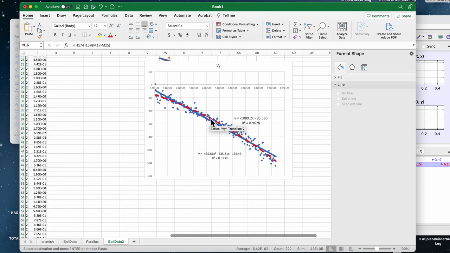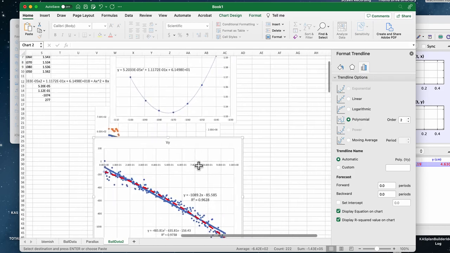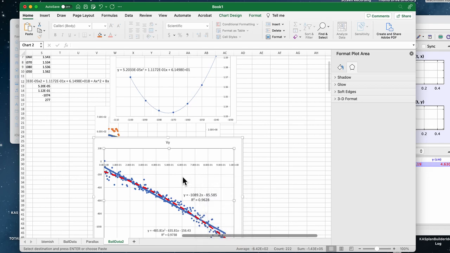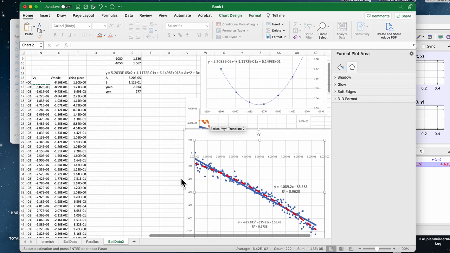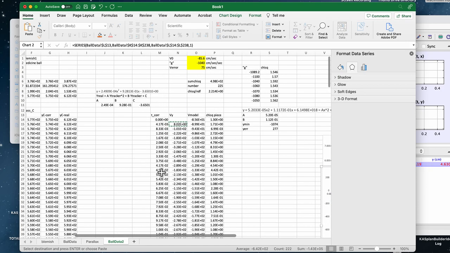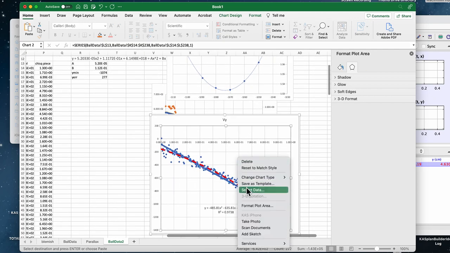Okay, so let's see. Our plots should come up fine. But we're still looking at the original data.